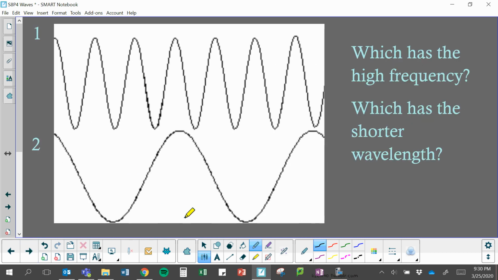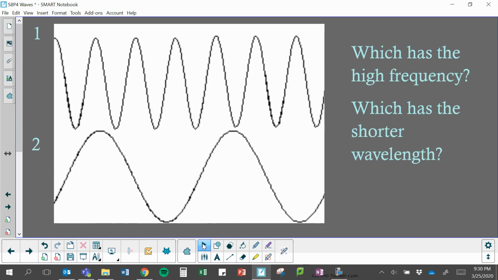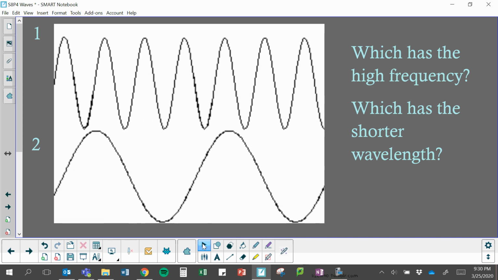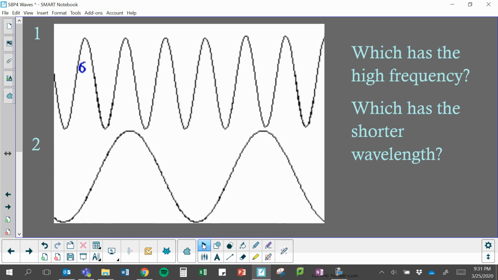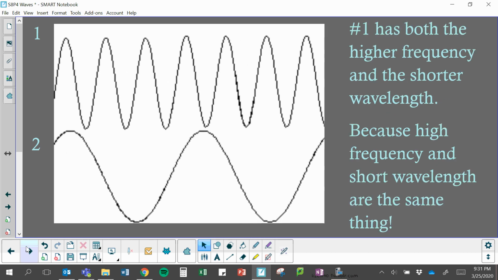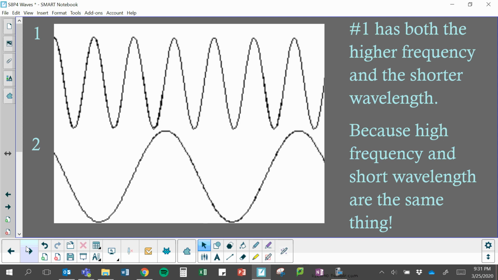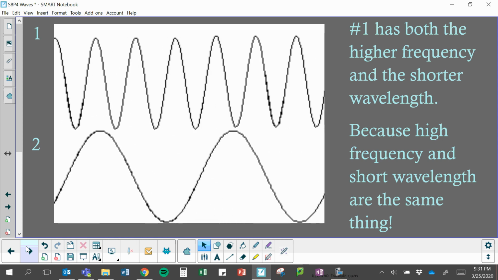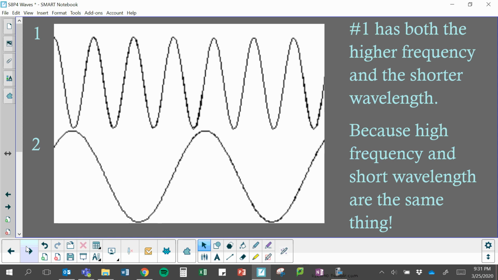Okay, so between wave number 1 and wave number 2, which has a high frequency and which has a shorter wavelength? Okay, so number 1 has a higher frequency because there are more waves going by. Waves are passing more frequently, so that's dealing with frequency.